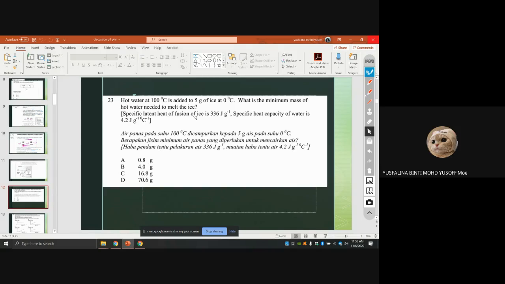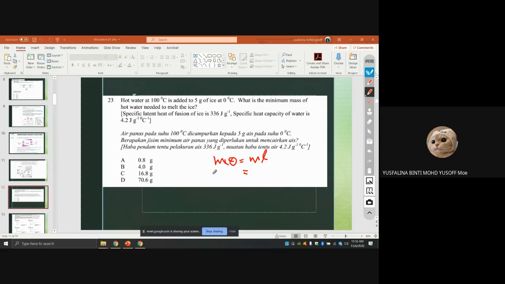What is the minimum mass of hot water needed to melt the ice? For this one, we assume that the quantity of heat energy for specific heat capacity is the same as the quantity of heat for the specific latent heat. So mc theta is equal to ml.